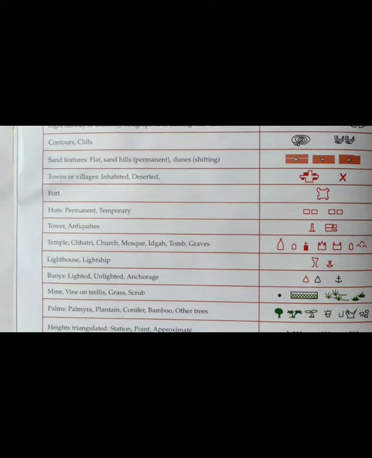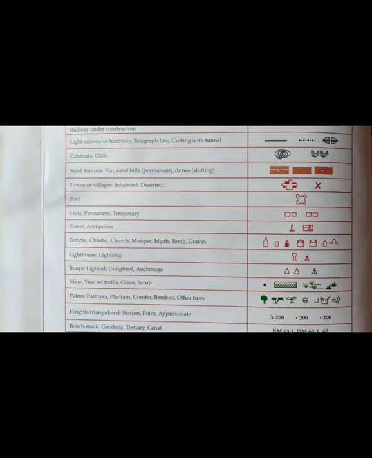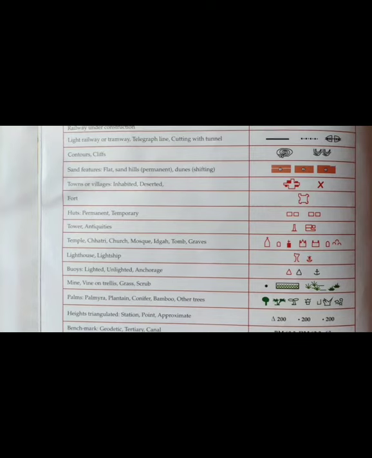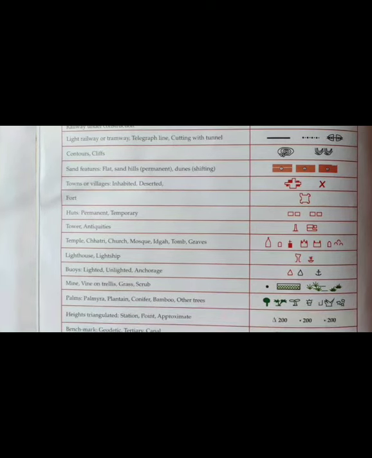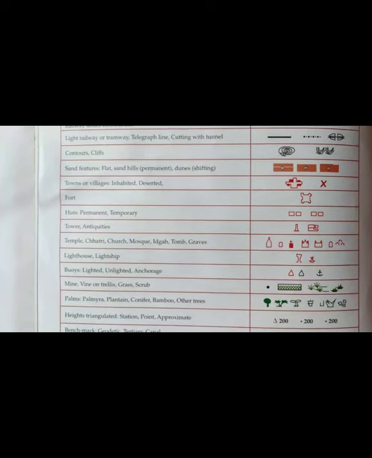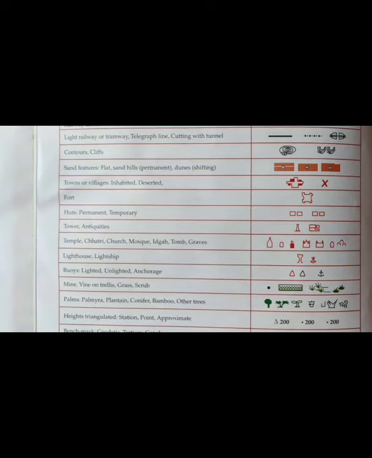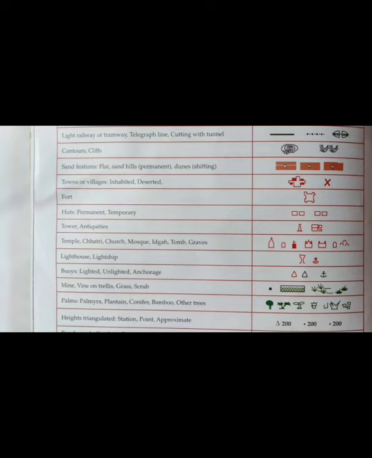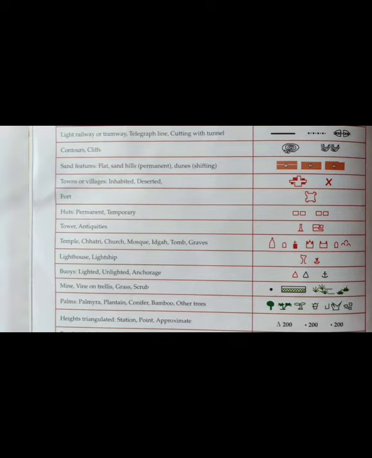And we can see the lighthouse symbols, and one of the important symbols, the mine; also grass, shrubs, scrub, and other different trees. They use different symbols. Scrubs are like dry herbs.